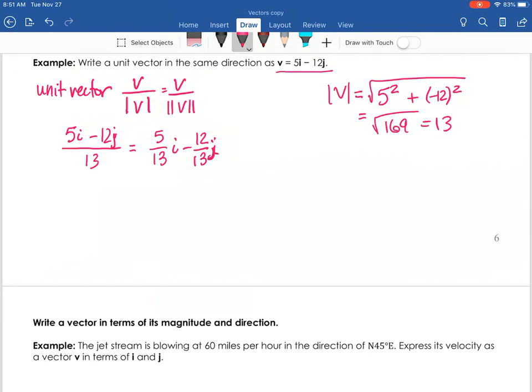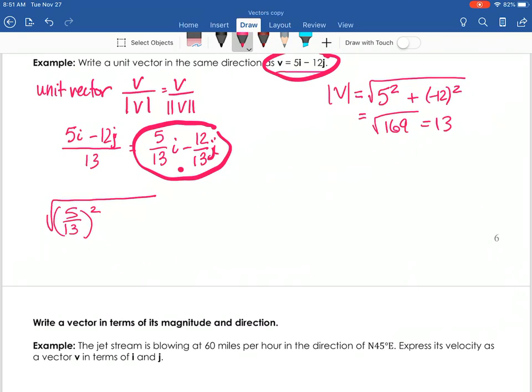So now both of these vectors should have the same direction, but this vector should now have a length of 1. So let's check. If I take the square root of 5 over 13 squared plus 12 over 13 squared, if I did that right, we should have a length of 1.